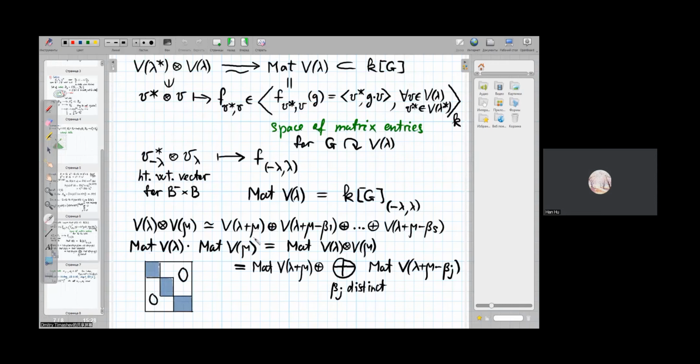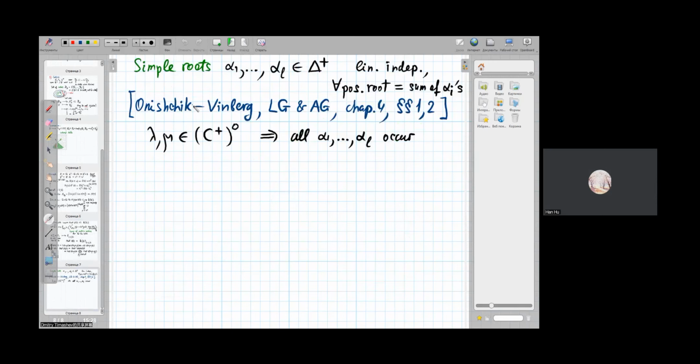All simple roots occur in this list of tails for the product of two spaces of matrix entries.